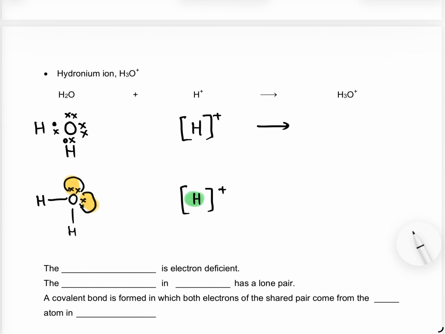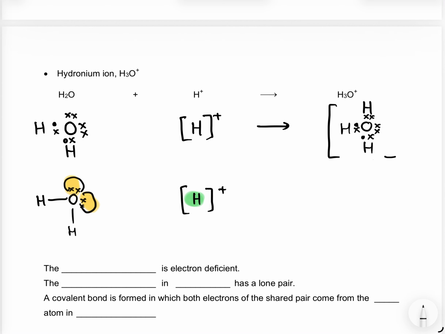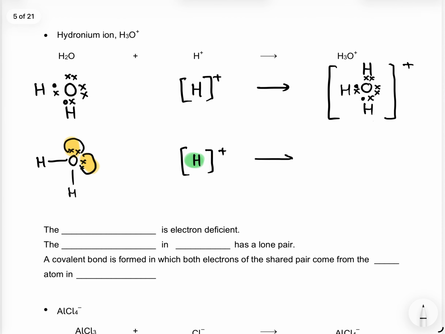And so what we're going to do is use the lone pair on the oxygen to form, oops, this is supposed to be a dot and cross diagram, so let's just try that again. A coordinate bond to the hydrogen ion.